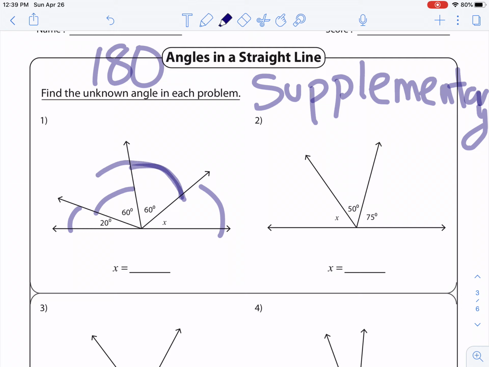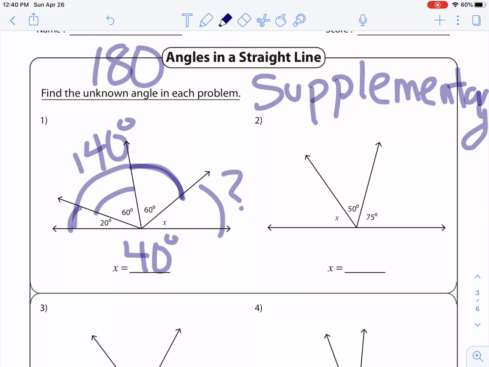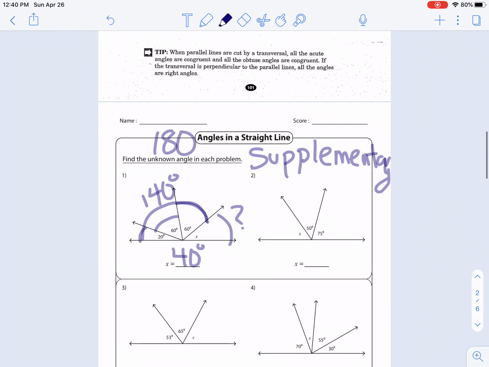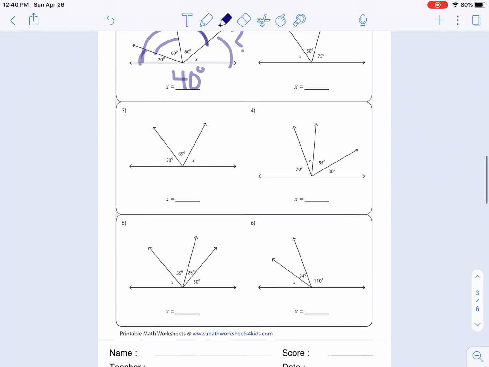So 60 and 60 is 120, and 20 is hopefully you said 140. So how much does this piece have to be? 40 plus 140 is 180. So you're going to be using that same process for the other problems on this page.